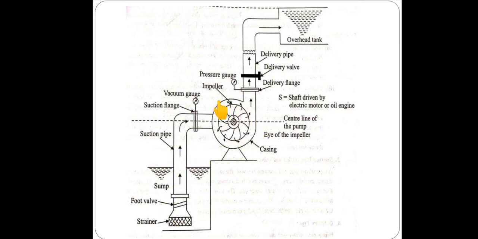Because of this, the water will be stored in the impeller. Our impeller will be surrounded with water when we switch on next time. This will avoid the priming process. That is the function of this foot valve.